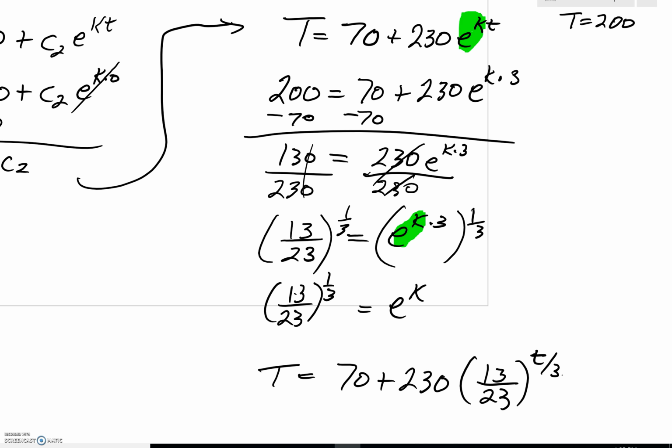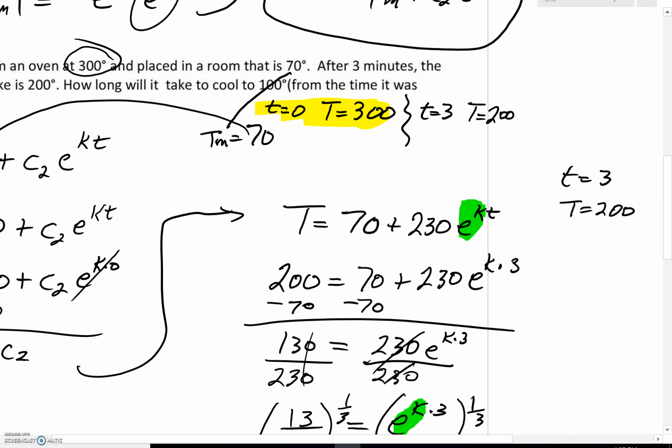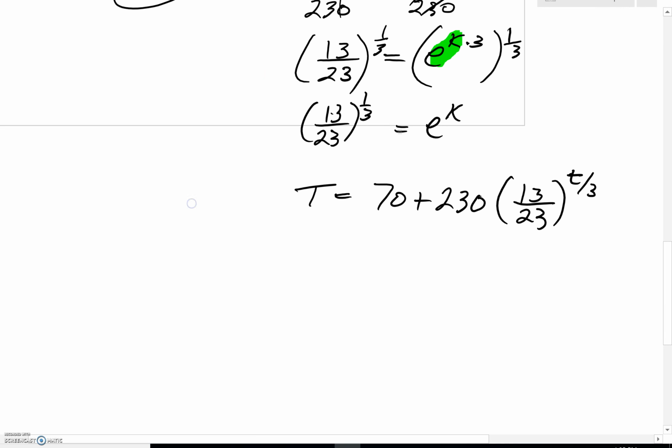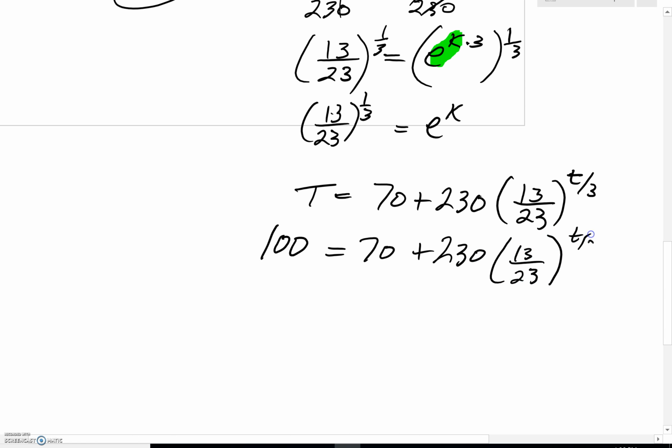But they're asking something a little bit different. They're saying, find the time when the cake cools to 100 degrees from the time it was taken out. How long will it take? Well, just finishing this up, you'll say, I know my ending temperature should be 100. And then I should just have to finish this up. So let's go ahead and see what we can do.